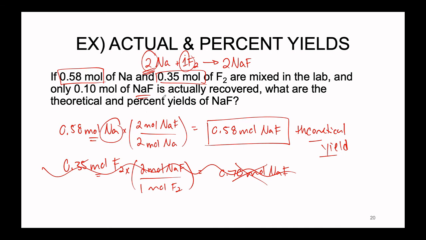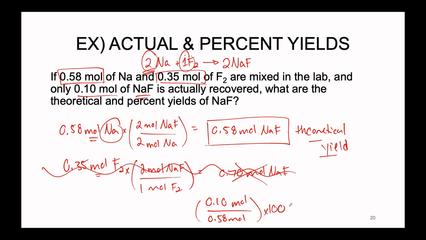Last but not least, let's find the percent yield. Since we are told that only 0.1 moles of sodium fluoride was actually recovered, we are going to take that 0.10 moles that was actually recovered, divide it by the 0.58 moles that we in theory could have made if we actually maximized our production.